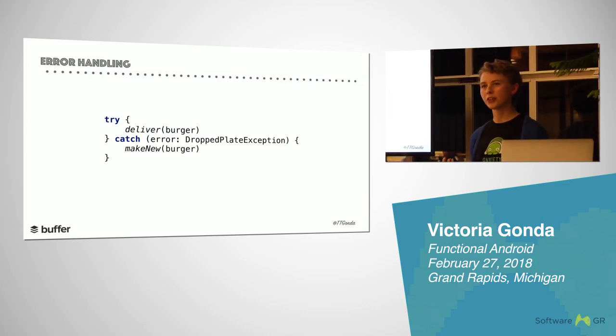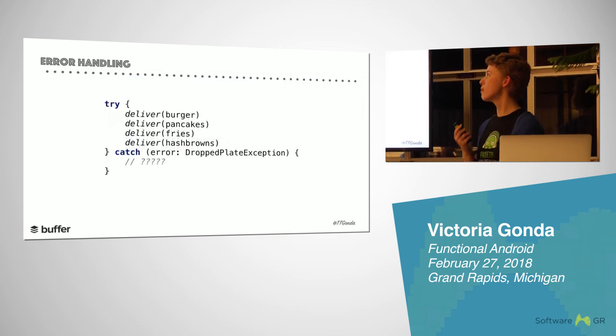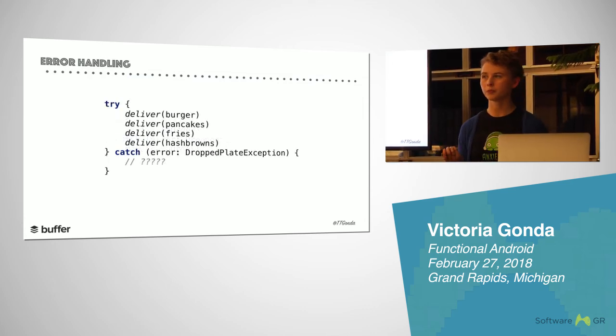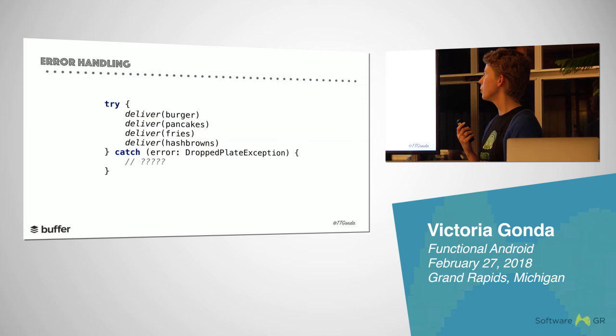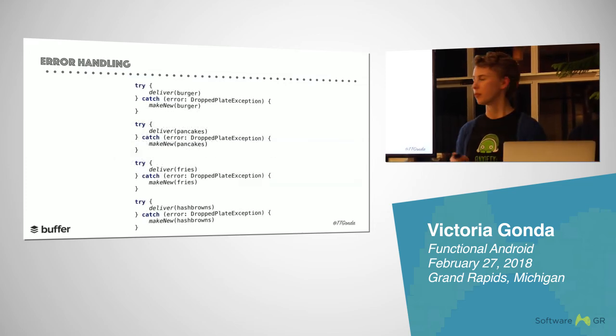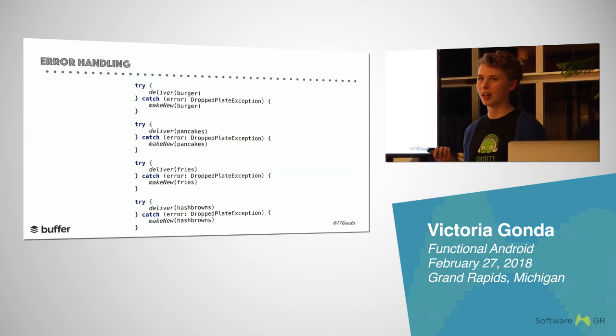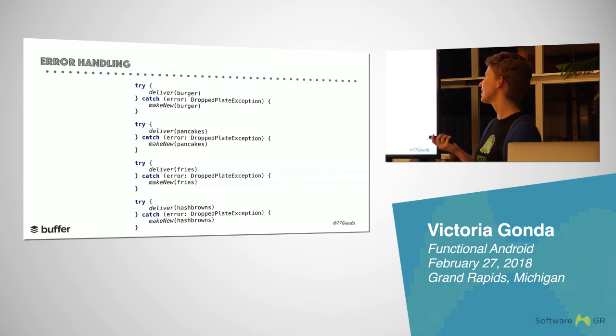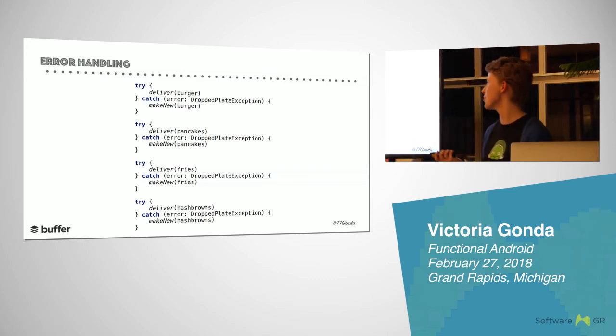It also can be difficult when you have more things that you need to do. If we catch a dropped plate exception, which one threw that error? We don't really know. So what do we do then? We could also wrap each and every one in a try catch, which is fine, but that doesn't really look very nice. It's not very fun.